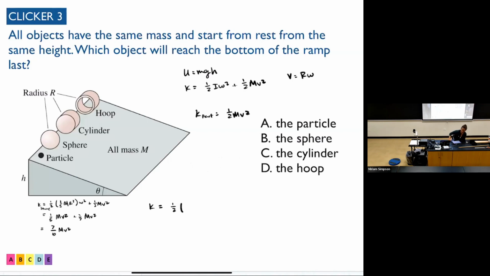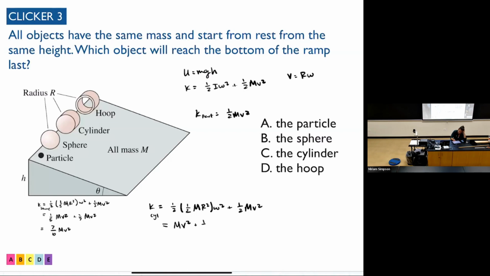So for the cylinder, what was it? 1/2 solid cylinder. Yeah, 1/2. It was going to end up being the same as the particle, which was going to make me look dumb. All right, 1/2 mr squared omega squared plus 1/2 mv squared. So this gives us 1/2 times 1/2, that's 1/4, plus 1/2, so 3/4 mv squared.